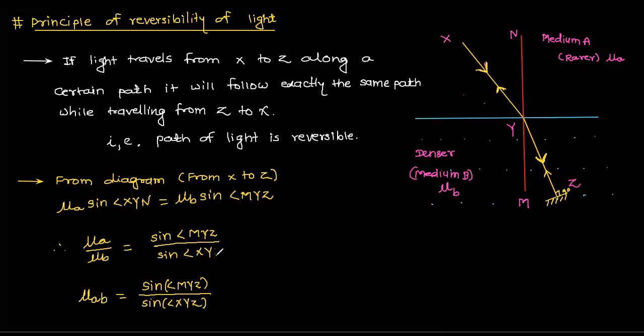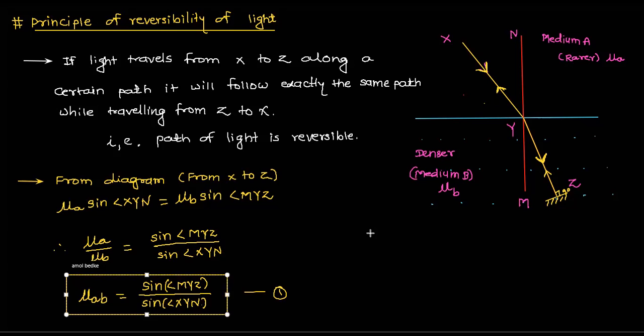X Y N. Here also X Y N. Keep it in mind. We got the habit of X Y Z, no? That's why X Y Z is coming. But actually, X Y N is the angle of incidence, and M Y Z is the angle of refraction. Okay. So shall we keep this as equation number 1? Yes, this is your equation number 1. Okay, this is our mu AB.